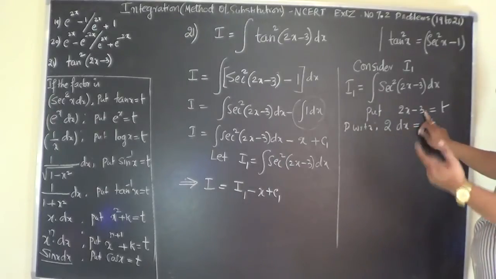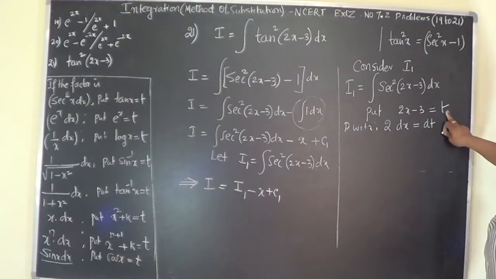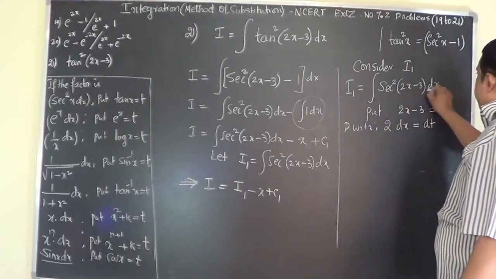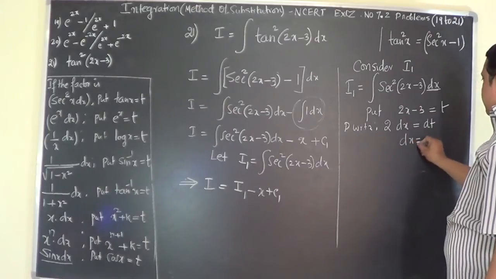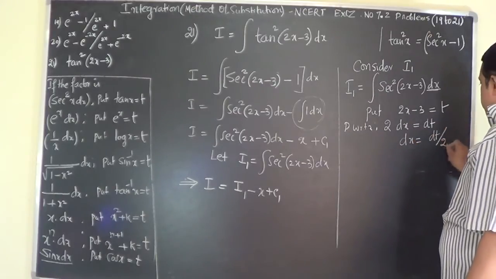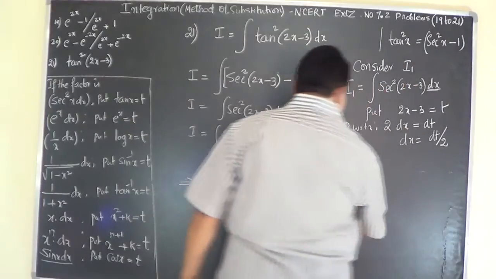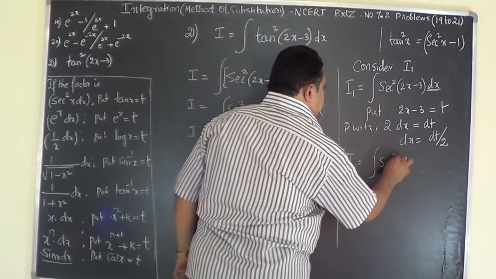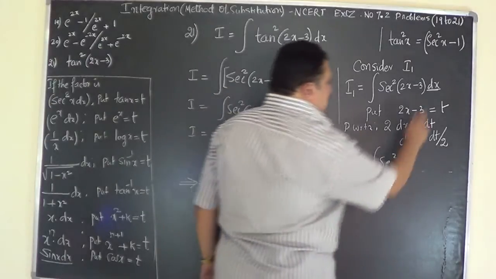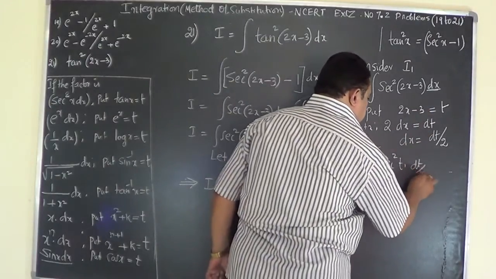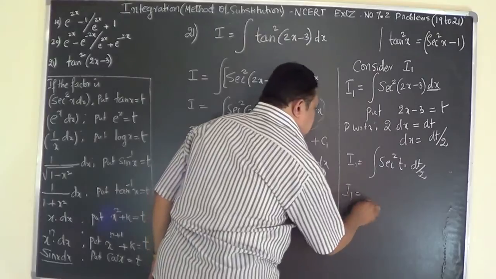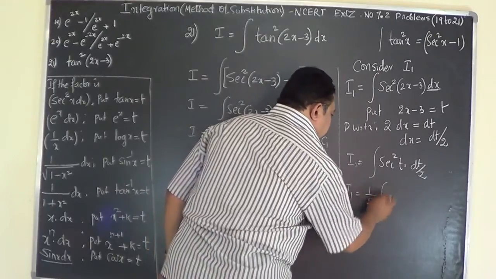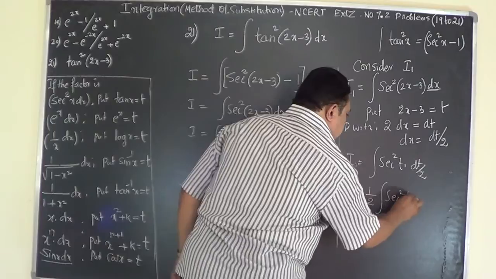The differential coefficient of 3 is 0, so don't write it. t if you differentiate you get dt by dx. So 2 dx equals dt. But you just want dx, so dx is dt by 2. Then I1 becomes integral secant square t, and dx is dt by 2. I1 equals half of integral secant square t dt.